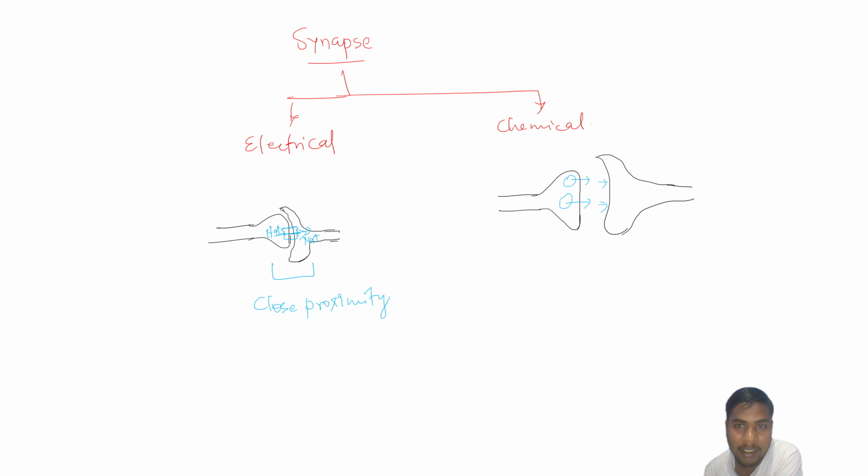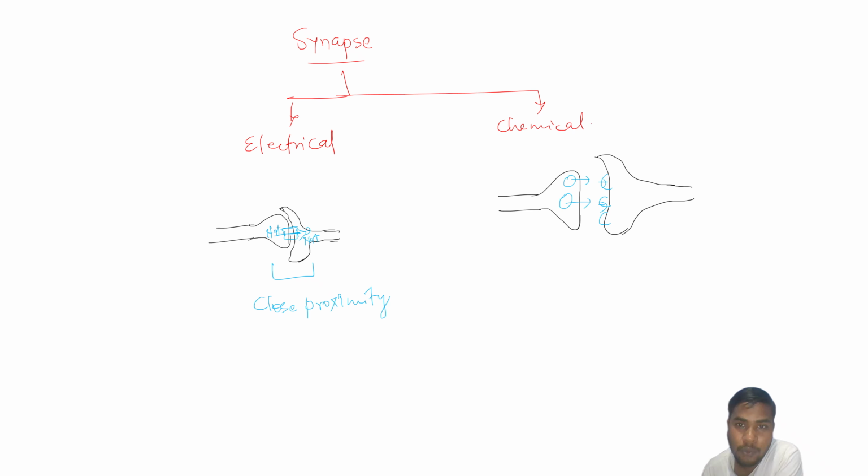But here the chemicals stored in the axon may vary, sometimes A, sometimes B, sometimes C. The vesicle may contain numerous types of neurotransmitter, and the receptor is also different, allowing only those chemicals which are essential to bind, not every kind. So there is variety in the vesicle and variety in the receptor.